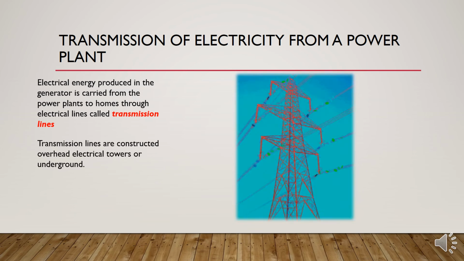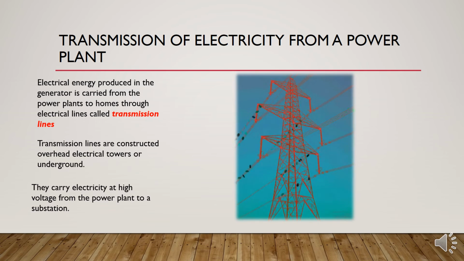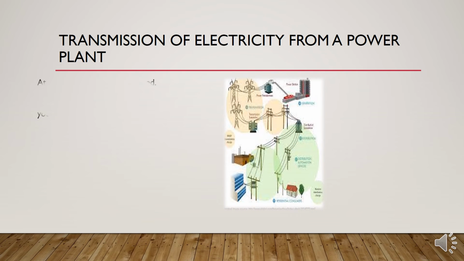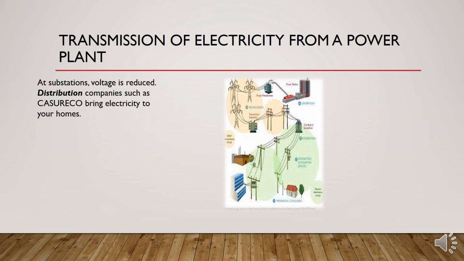Transmission lines are constructed on overhead electrical towers or underground. They carry electricity at high voltage from the power plant to a substation. At this stage, the substation's voltage is reduced.